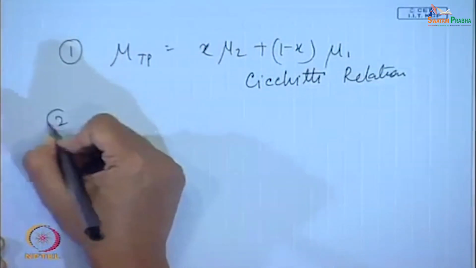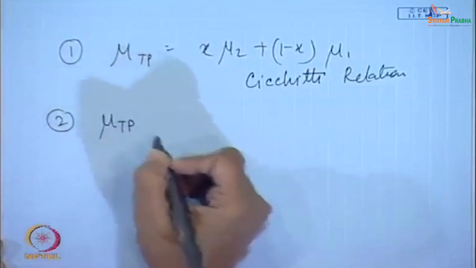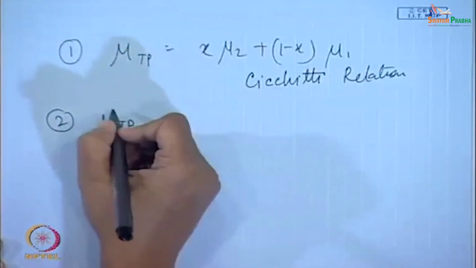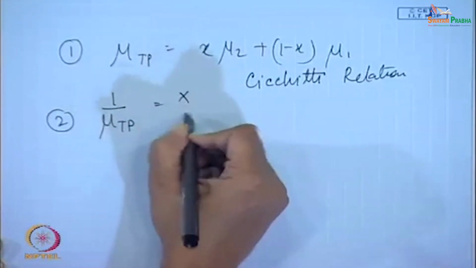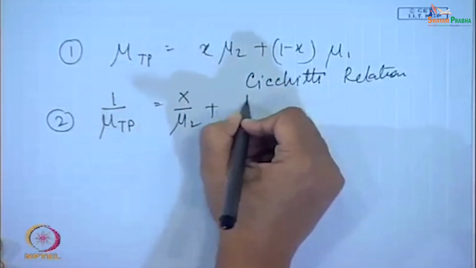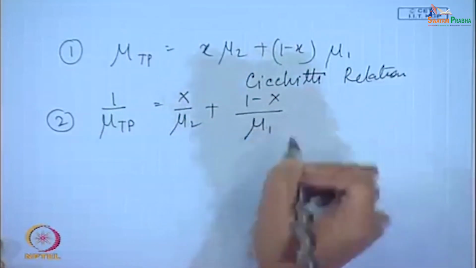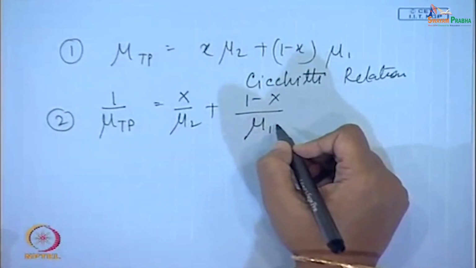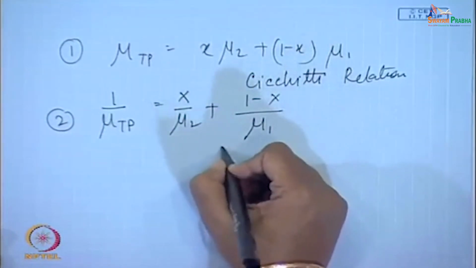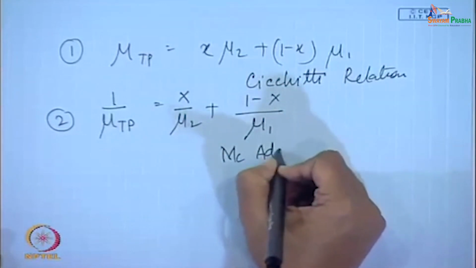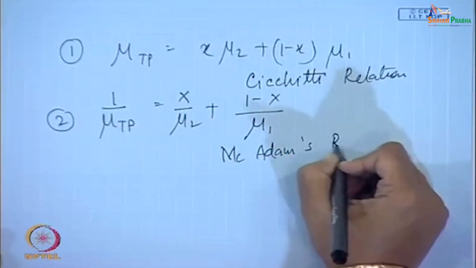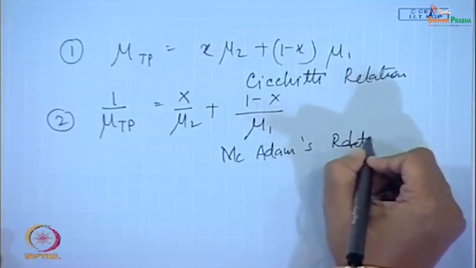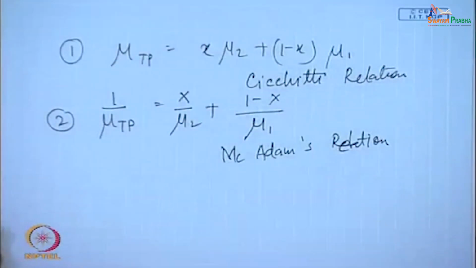The other equation which is much more used has been proposed by McAdams, which expresses viscosity in terms of quality and single phase viscosities in this particular form. This is the McAdams relation.